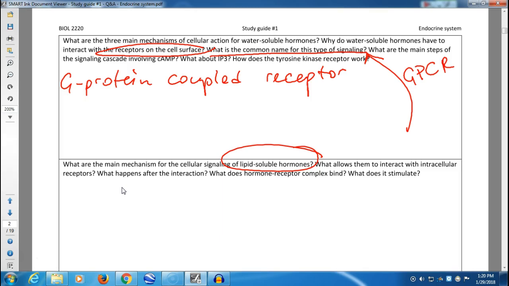Does that make sense? When the hormone makes the complex with the receptor, this complex binds to DNA in the nucleus, and then DNA is transcribed into RNA, and RNA is translated into proteins. Does that make sense? That's all you've got to know.